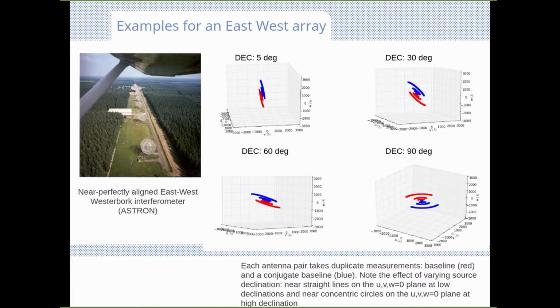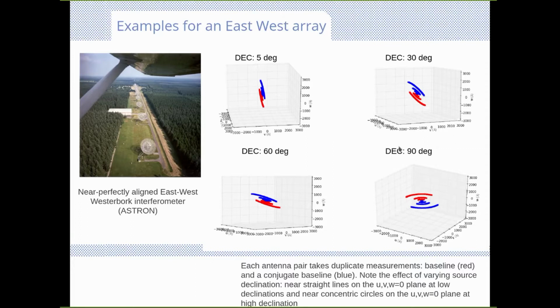Now, as I've shown already, the UVW frame is going to be dependent on the hour angle, right? So at different hour angles, the baselines are going to be slightly rotated with respect to a fixed sky, right? So remember that I said the W component of this frame directly points towards the sky.